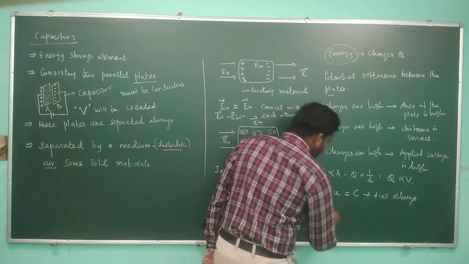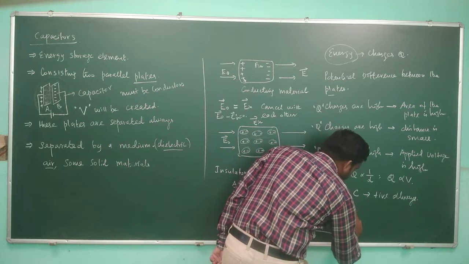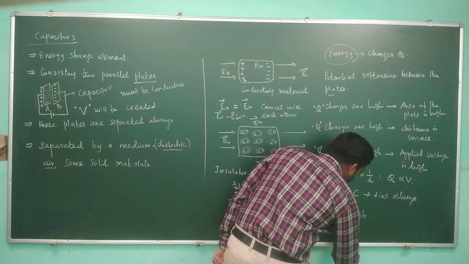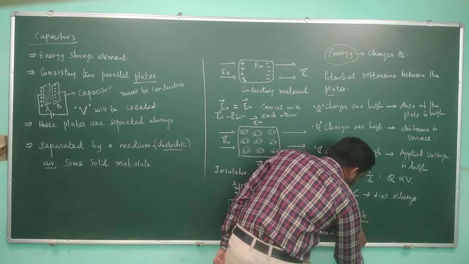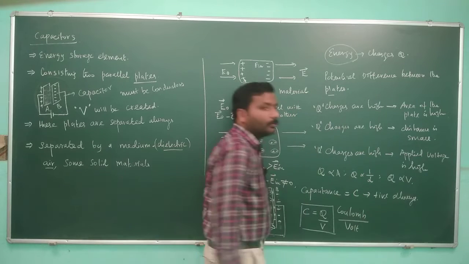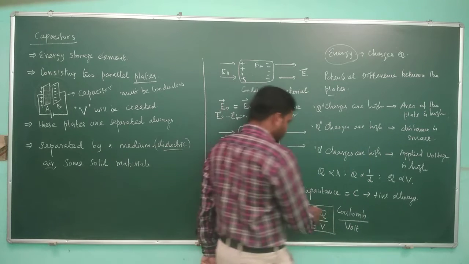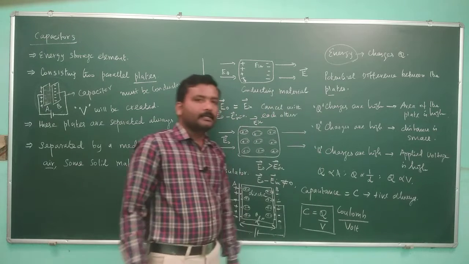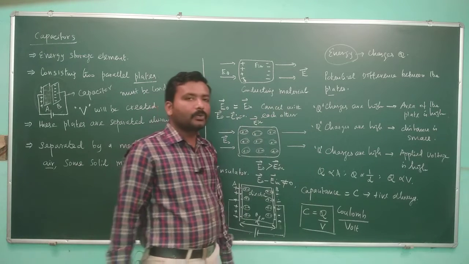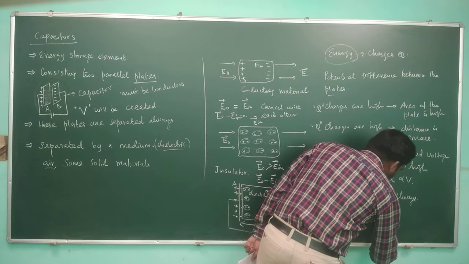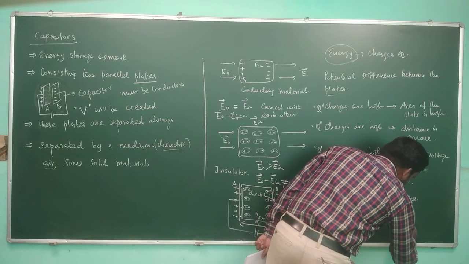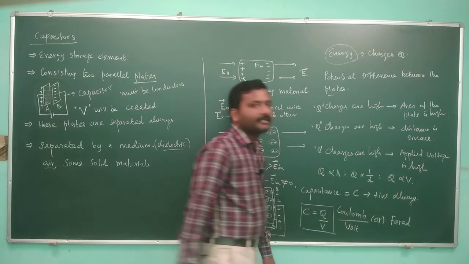Here the charge is denoted by the unit coulomb, while the voltage is denoted by the unit volt. You can say that the capacitance is in terms of coulomb per volt, or we can denote it by the unit farad.